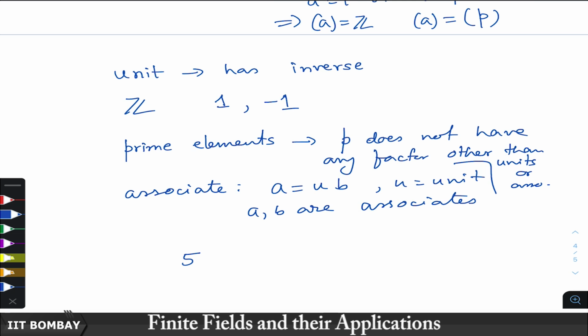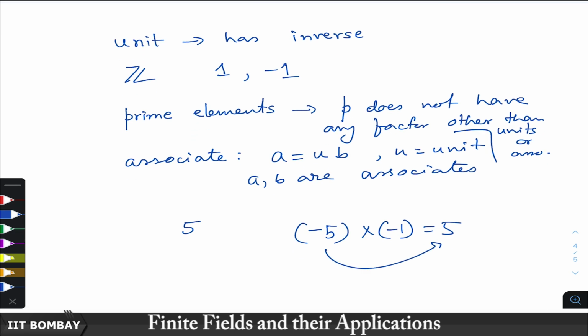Plus 5 and minus 5 are its associates because you can multiply minus 5 by a unit, minus 1, to get 5. Minus 1 is a unit. So, these two are associates. Those factors do not count, and plus 1 and minus 1 are units. So, 5 does not have any factor other than plus 1 and minus 1, which are units, and plus 5 and minus 5, which are associates. So, it is a prime element.